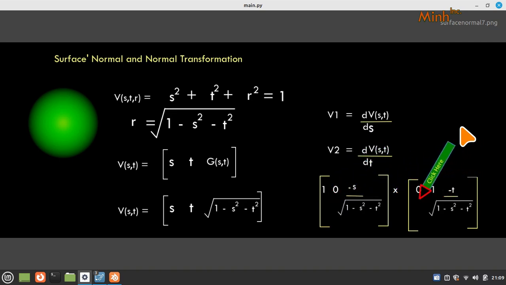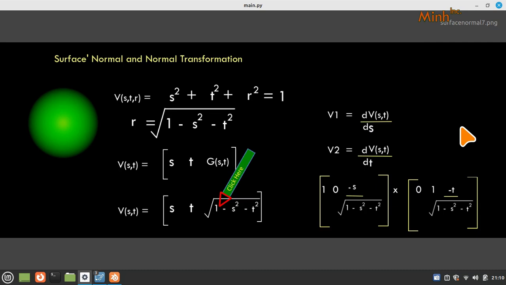Now we are calculating v2, so the differentiation of v(s,t) by dt. This would be 0, this would be 1, and this would be again 1 by 2 (1 minus s square minus t square) to the power of minus 1 by 2.